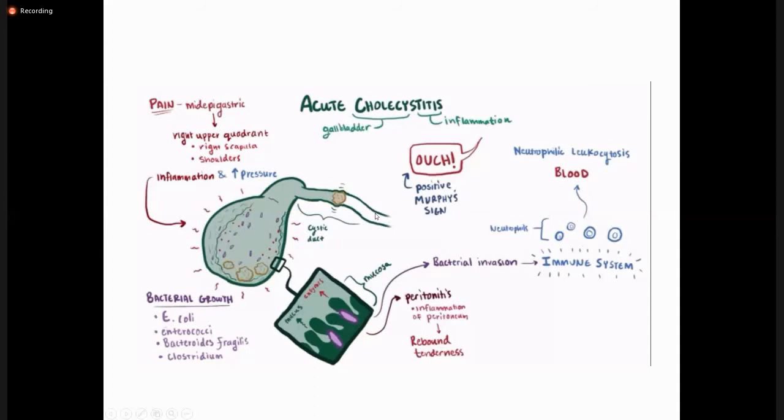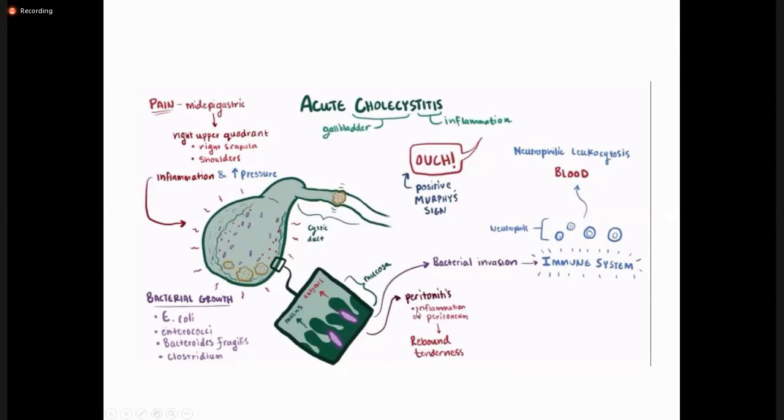The whole cycle that will occur is that there is going to be obstruction and distension. The mucosa will be distended, which will cause bacterial invasion and activation of the immune system, and you will find increased leukocytes in the blood.